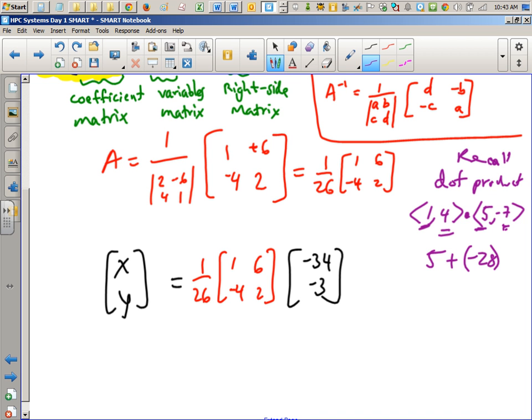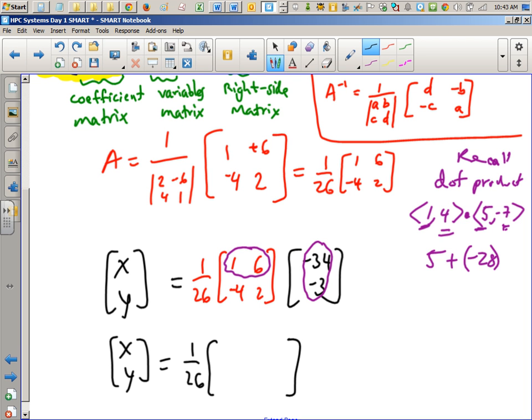Okay? So look now at this problem. We're going to be doing a dot product for this row vector and this column vector. Okay? Alright, so we'll save the 1/26 for later, but let's do a dot here. What's 1 times negative 34? That's easy. Negative 34, right?